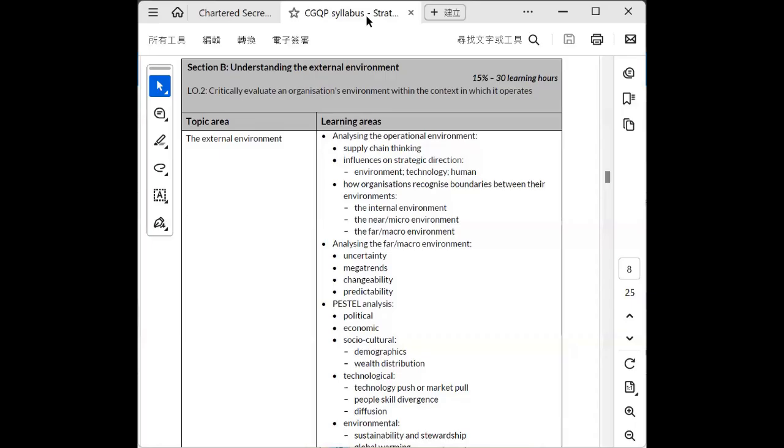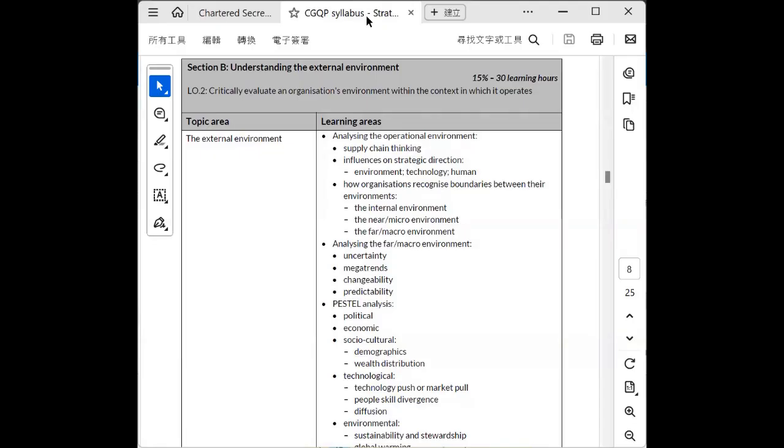Now, in today's dynamic business landscape, a company must continuously assess their external environment in order to remain competitive and resilient. The external environment encompasses all the factors outside the organization that influence operations. So that is the PESTO elements.